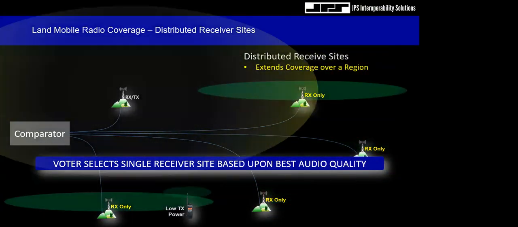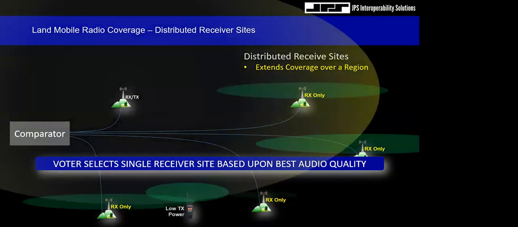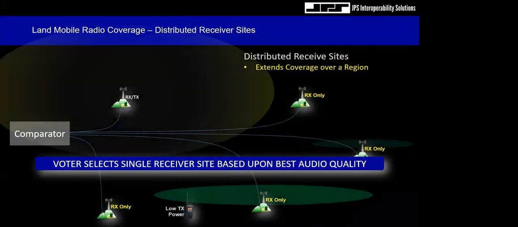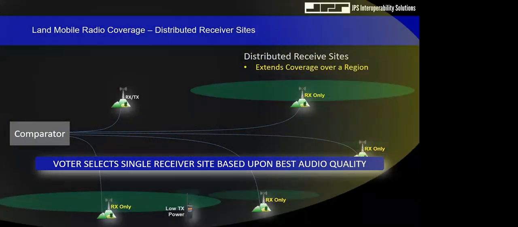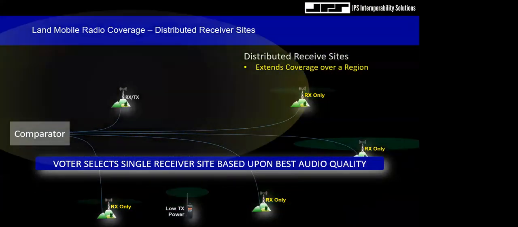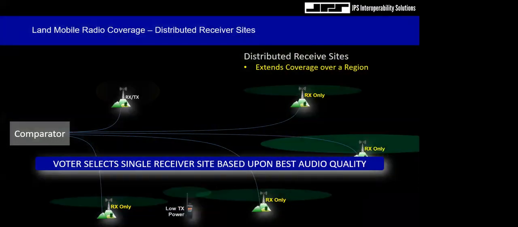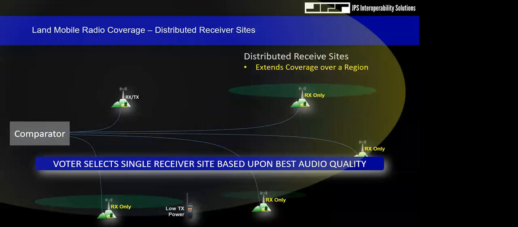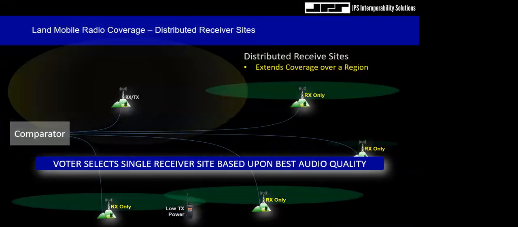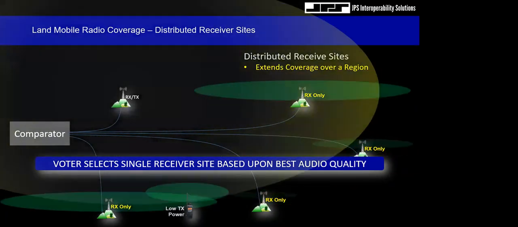That's really the purpose of a comparator or voter: to allow multiple receiver sites to be distributed, fortifying my coverage area, but also having the ability to select only one site based upon audio quality, not amplitude.